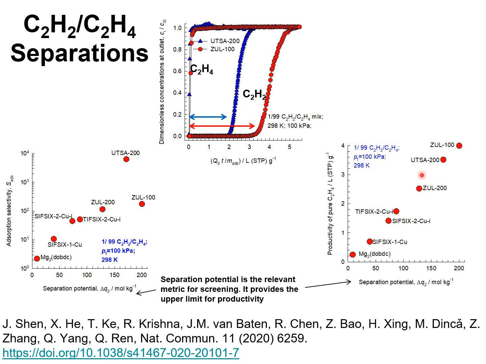This graph demonstrates that delta Q2, calculable from IAST, is a good and reliable metric to rank the productivities of MOFs for producing C2H4 of the required purity.